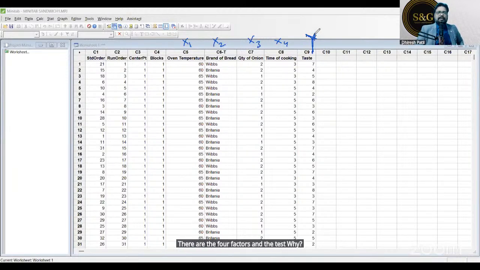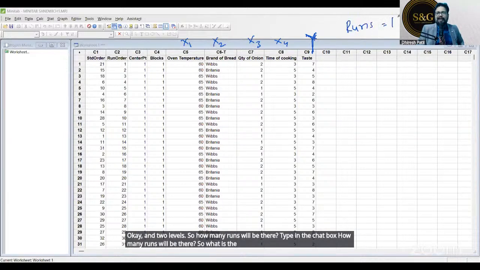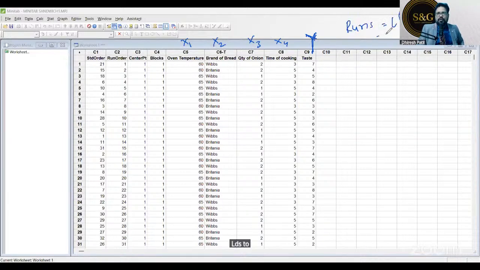All right. Now, how do we create this? Let me first clarify that. There are 4 factors and 2 levels. How many runs will there be? Type in the chat box. What is the formula for runs? L raised to F, so 2 levels raised to 4.